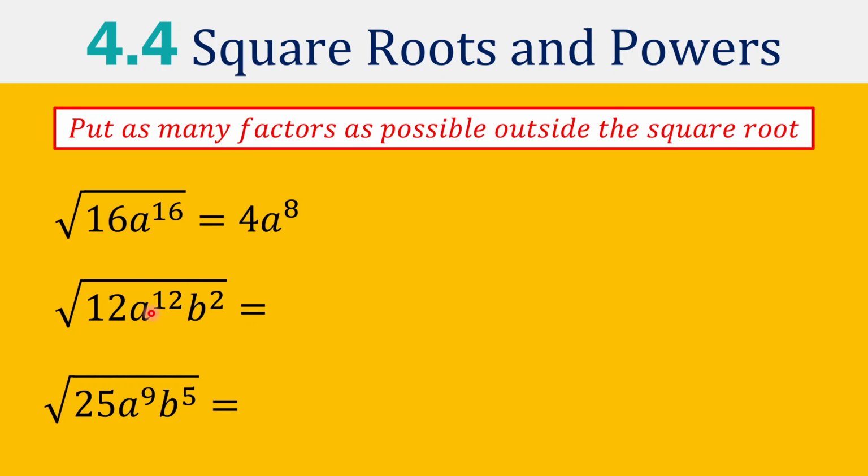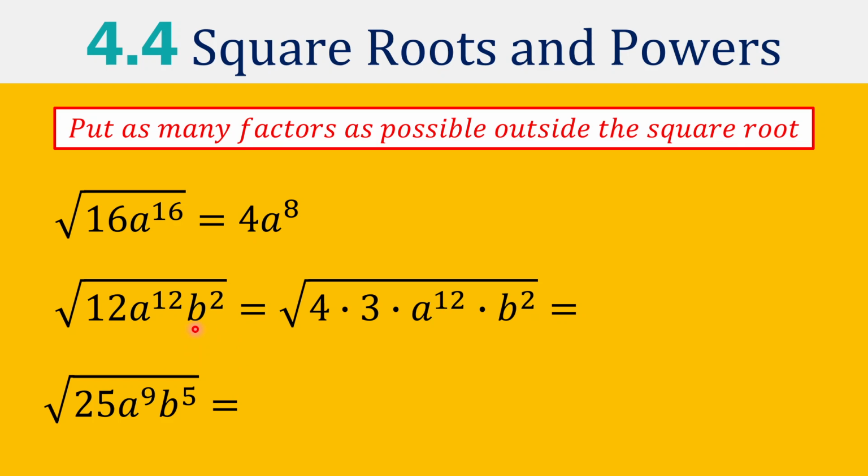Here you have to be a bit more careful, because I have to take a look at root 12, root a to the power of 12, and root b squared. And here I think the letters aren't that concerning because they are both even. So that gives me a to the power of 6, and b squared just becomes b.